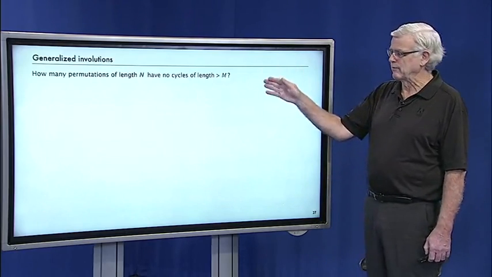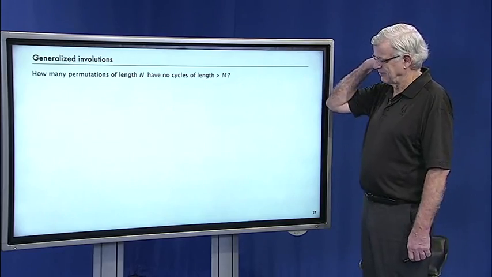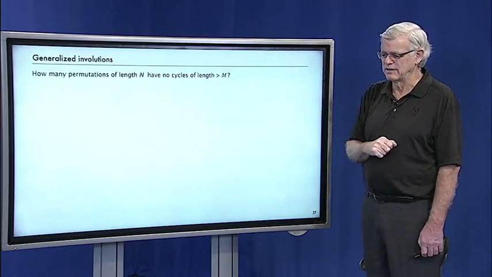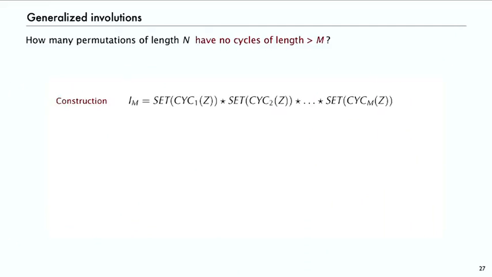And then if we're going to generalize, how about no big cycles where we parameterize the cycle length by m, same way as we did for derangements. So now the construction is a set of 1 cycle, start with a set of 2 cycles and so forth up to a set of m cycles, e to the z plus z squared over 2 plus out to z to the m over m.